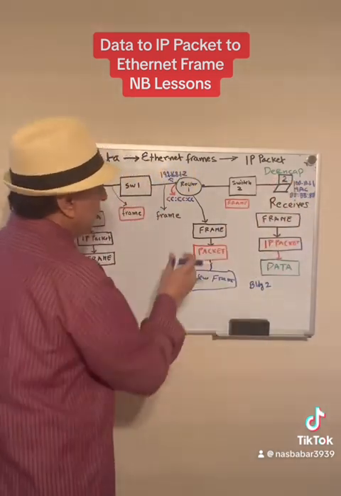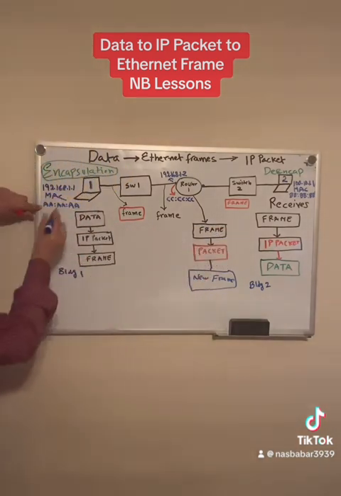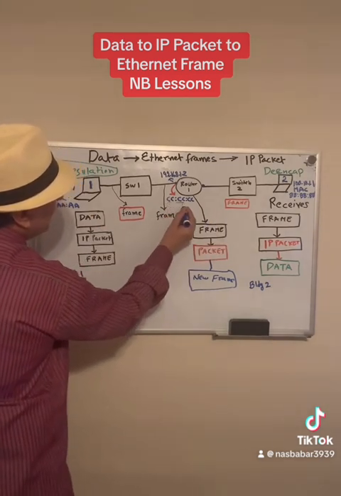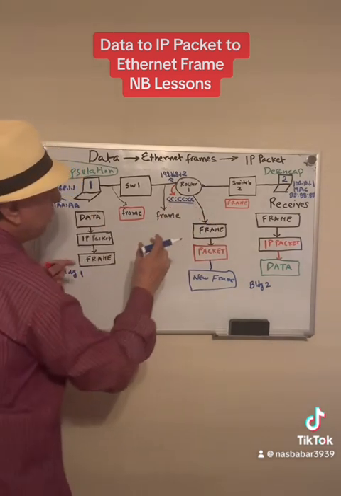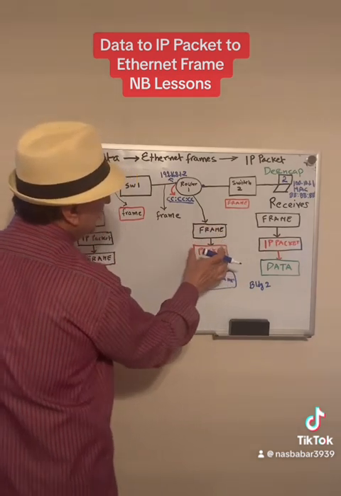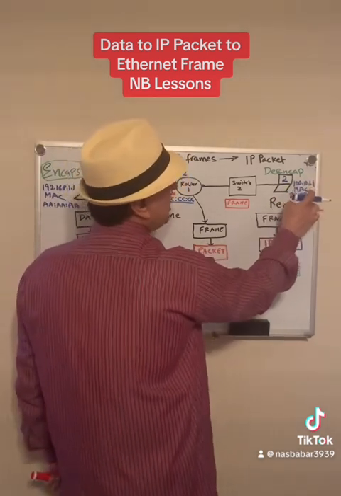So the initial frame had the MAC address of this laptop, and the destination MAC address was this right here. What the router did was look at the IP packet and say, this packet has the destination IP address of this, and I know the MAC address of that.